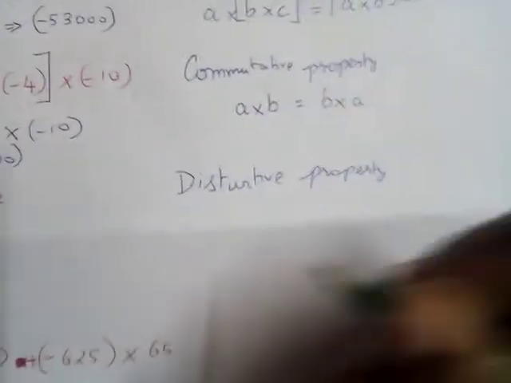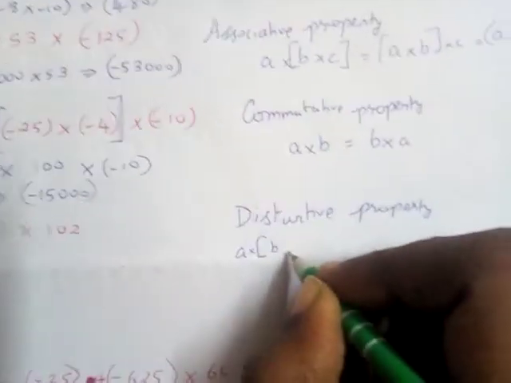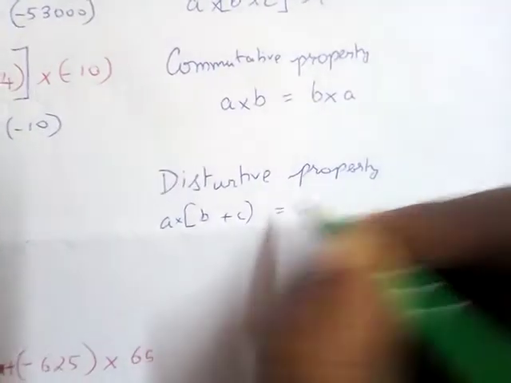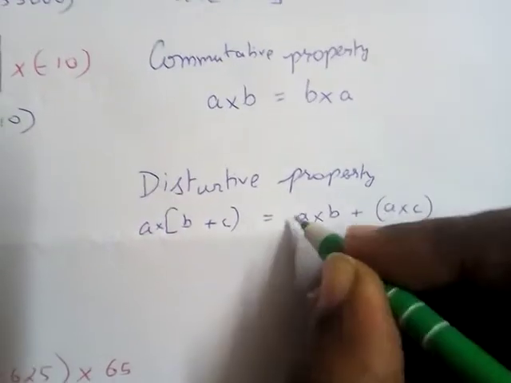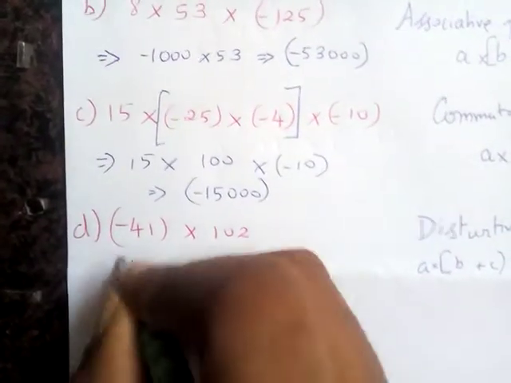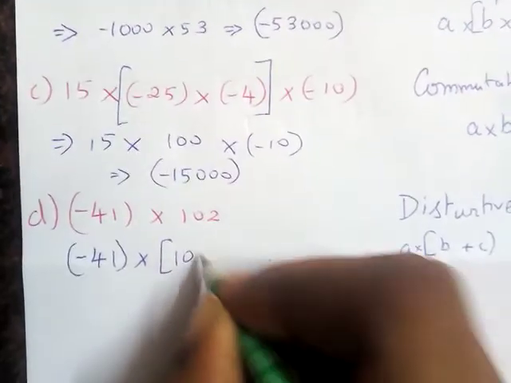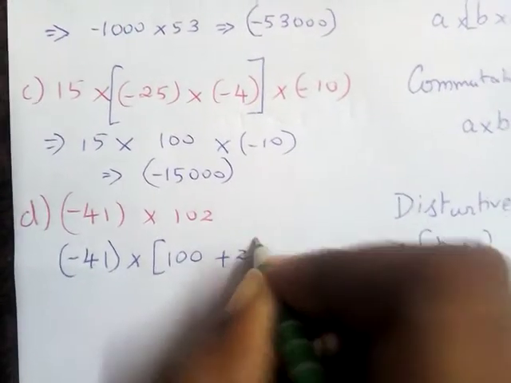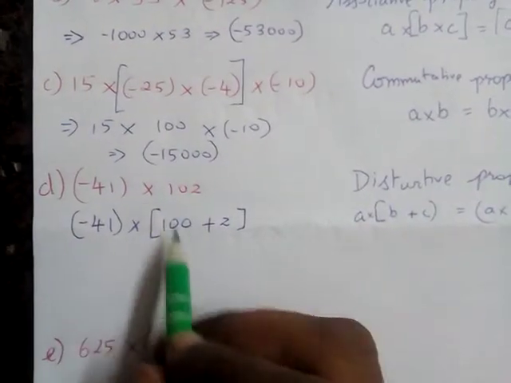As you already know, in the distributive property, A into B plus C is equal to A into B plus A into C. So you can divide 102 into 100 plus 2, so that multiplying an integer into 100 is much easier than multiplying it into 102, right? So it's 100 plus 2. Then using the distributive property, distribute minus 41 over this addition sign.